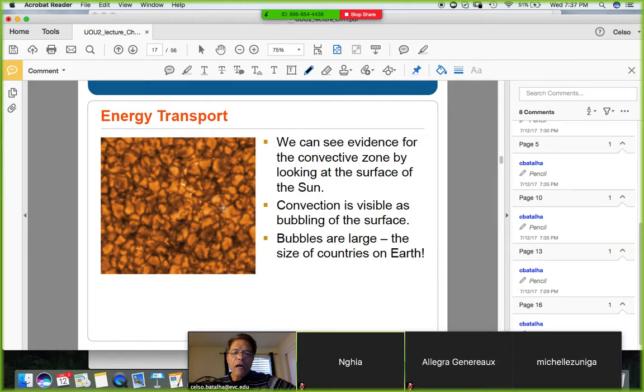The solar outer region is also divided in three main regions, and we call these outer regions an atmosphere. So the solar atmosphere is divided in three regions.